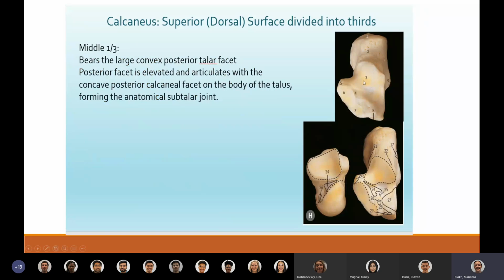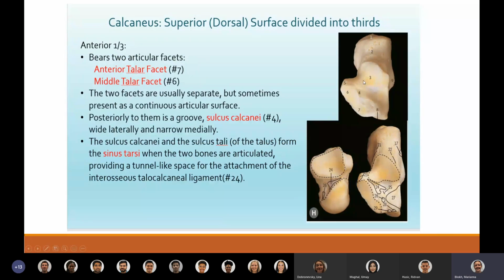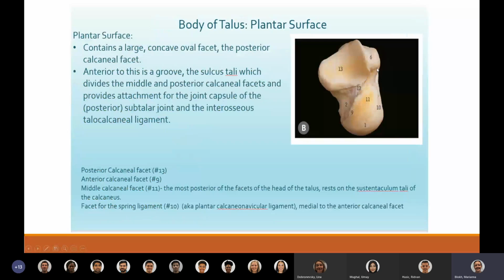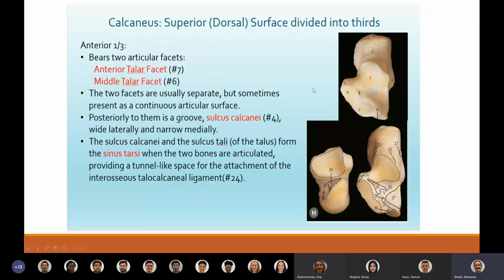So the calcaneus can be divided into three portions: anterior third, middle third, and posterior third. The anterior third is what had the anterior and middle facets. So let's talk about the middle third.